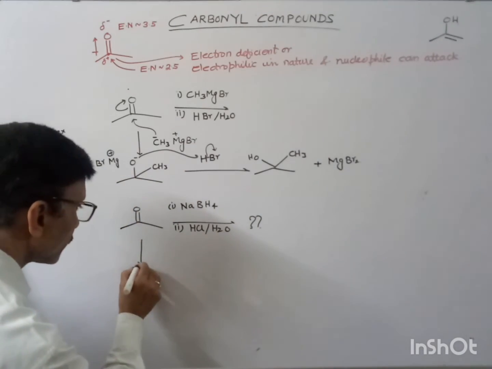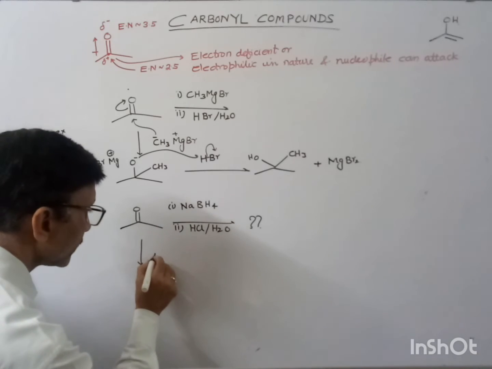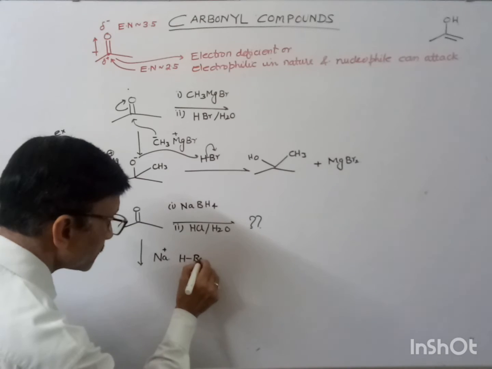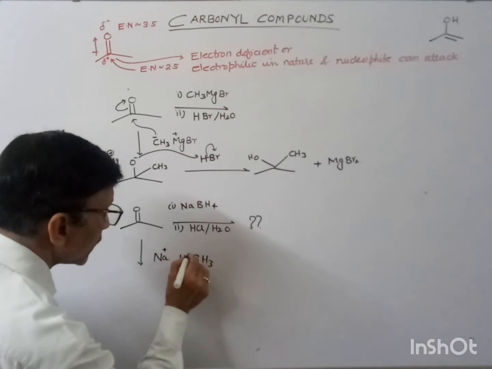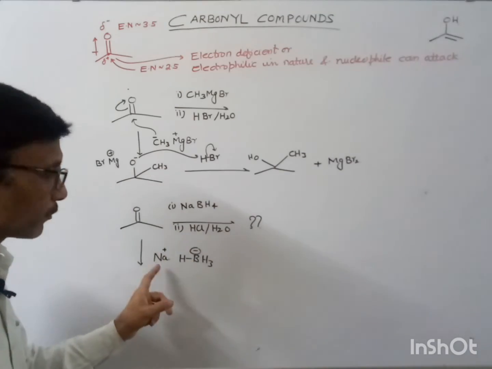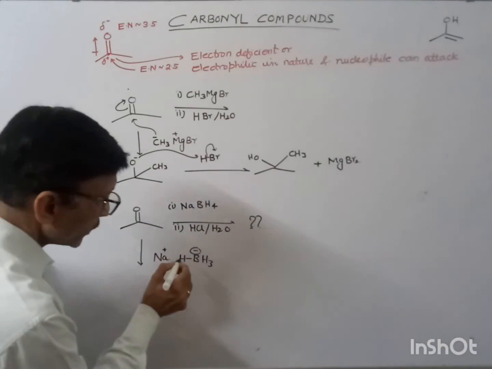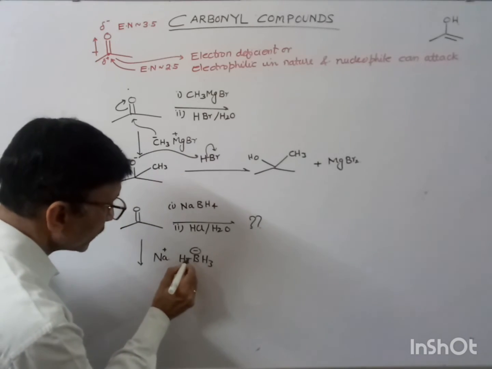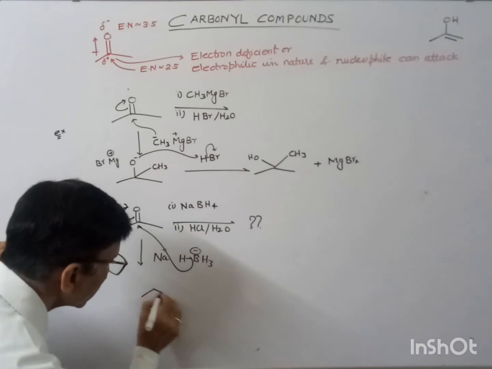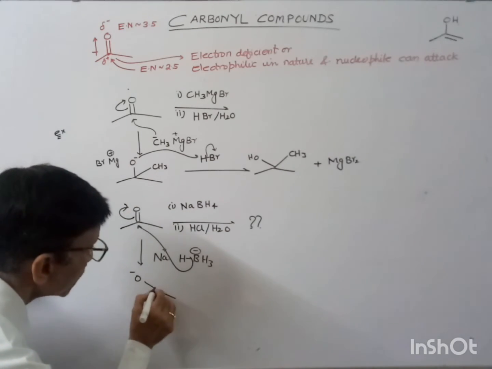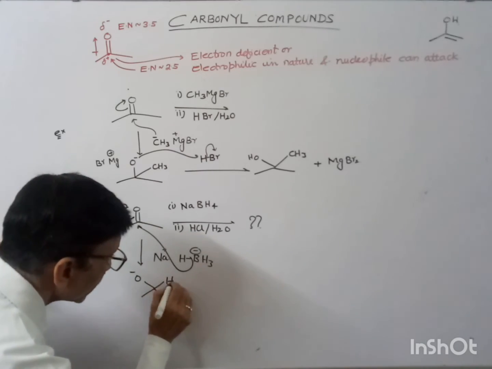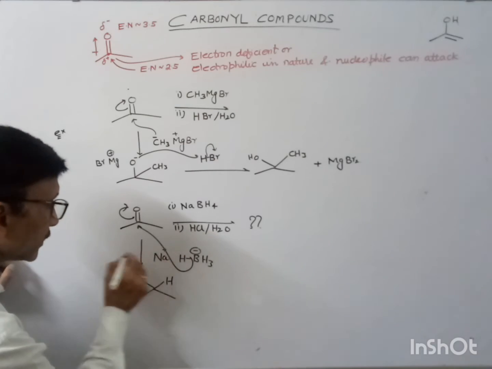Now again, first of all, this sodium borohydride, if I write it like this, H, and this negative charge is present over the boron, and the positive charge is present over the sodium. So here this hydride ion will attack over this electrophilic center, and what you will get is O minus, and this hydride, hydrogen is attached over here.